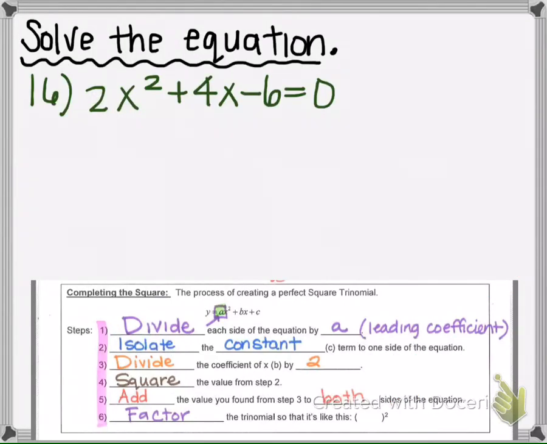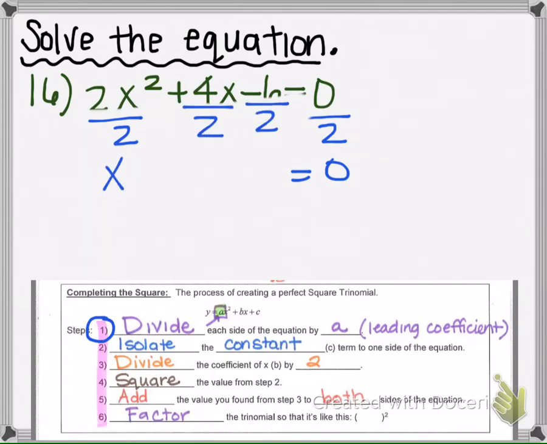Number 16 on page 5 of your note packet. The first step is to divide each side by the leading coefficient. So we're going to divide this whole side by 2 and this whole side by 2. So when we do that, we get 0 divided by 2 on the right. And then when we divide by 2, we're actually dividing each term by 2.